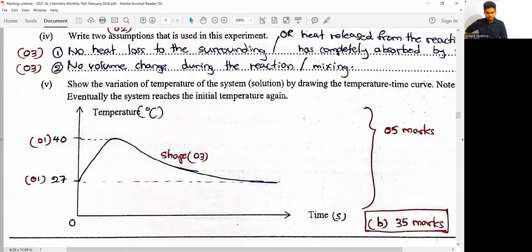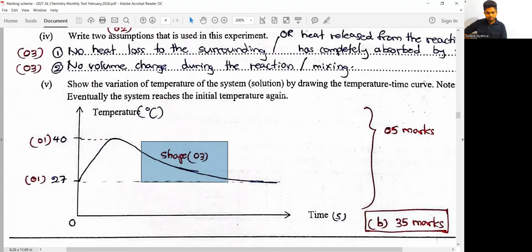Understood, Lama? Here the system and the reaction exchange heat faster, and the system and the surrounding exchange heat slowly because of the plastic cup.